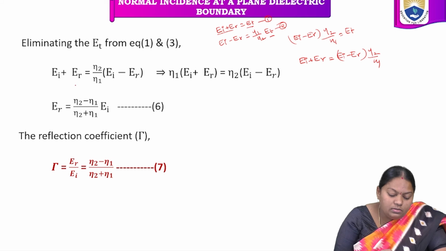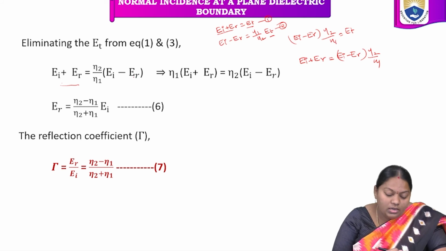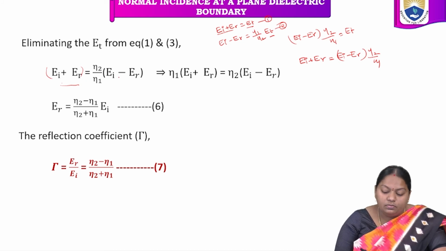See here, if you observe, EI plus ER equal to eta 2 by eta 1 into EI minus ER, right? So in order to simplify this one, cross multiplication between these two: we multiply EI plus ER into eta 1 and eta 2 into EI minus ER.